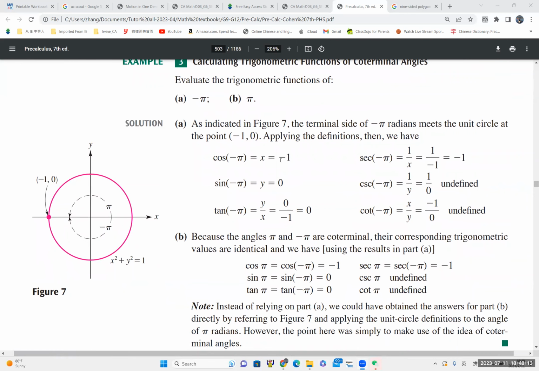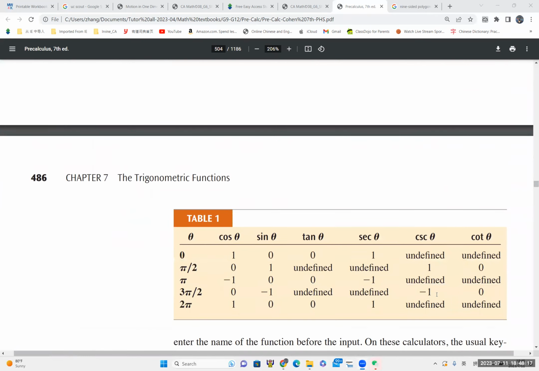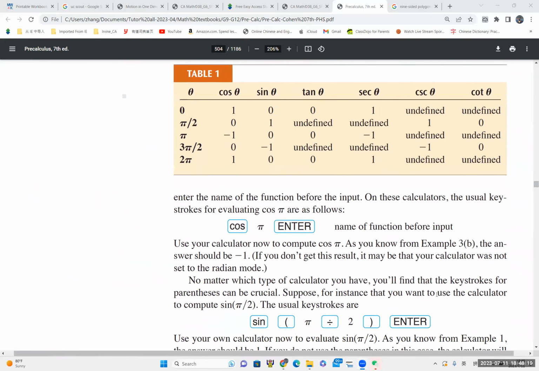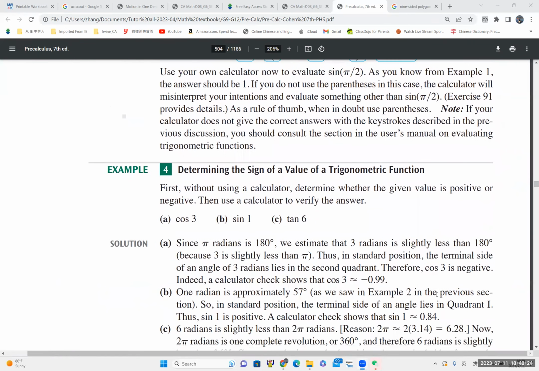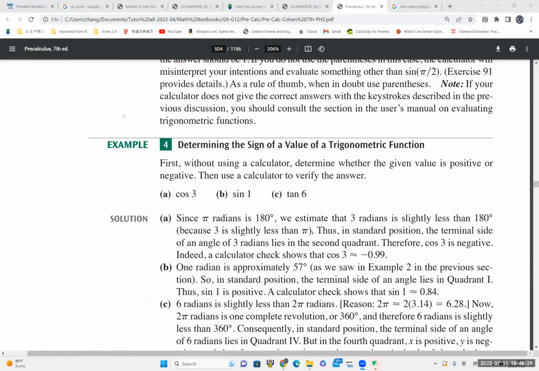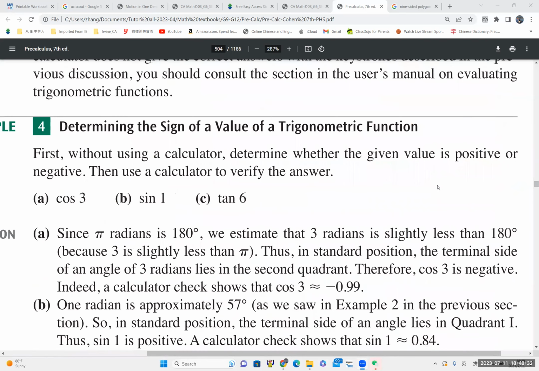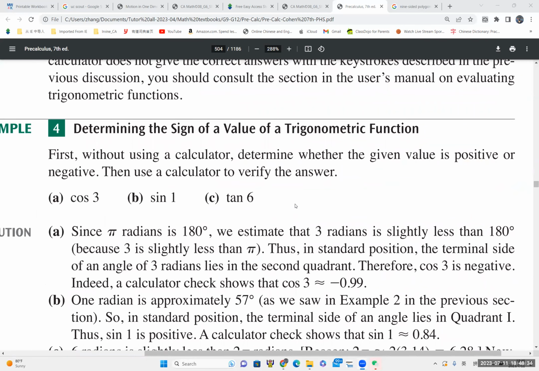Here they just use it to get the same. Yeah, here you can use a calculator. But make sure in your calculator, when you input an angle, there are two forms. One is in degrees, another is in radians, right?